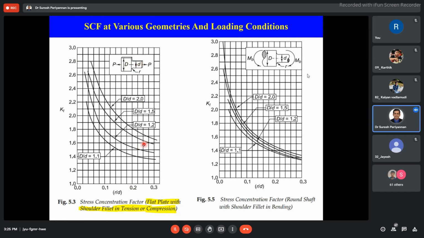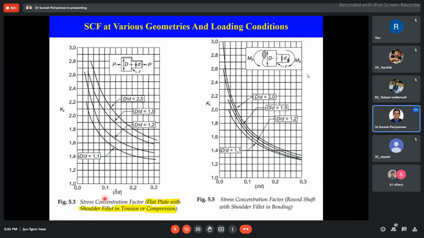See here, 0.2 corresponding to the D by d ratio of 1.2. Then the stress concentration factor is 1.8. I have to choose that.